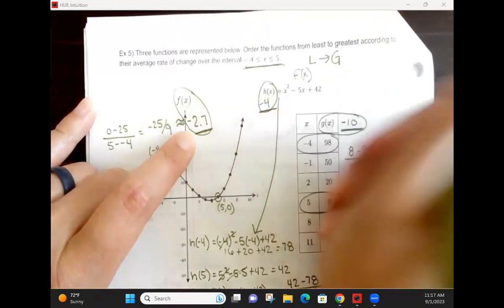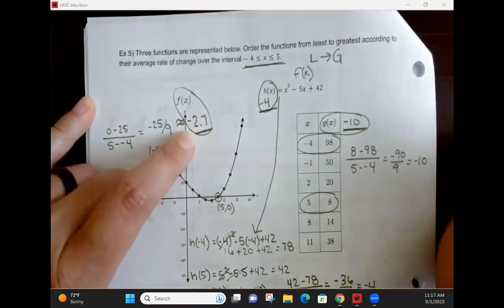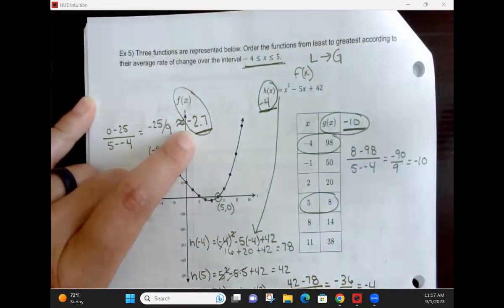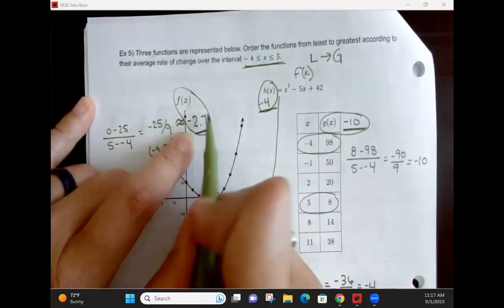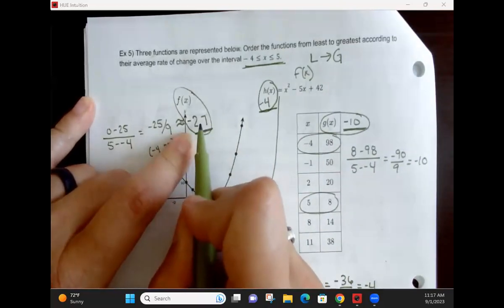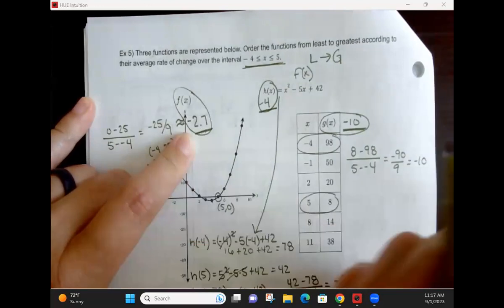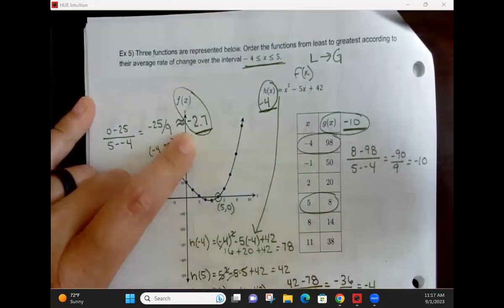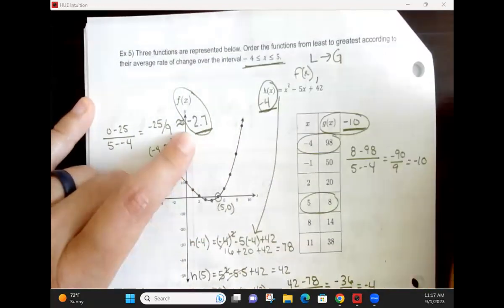If I asked you to order them according to their values, the numbers that you got, this is actually the biggest of the numbers if I think about a number line. But if I'm talking about amount of change, f of x is my smallest change.